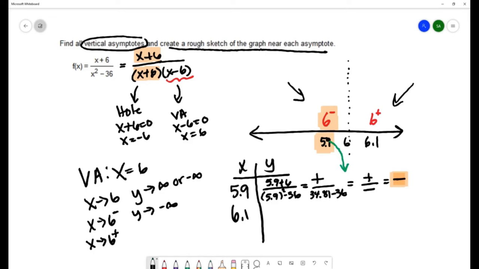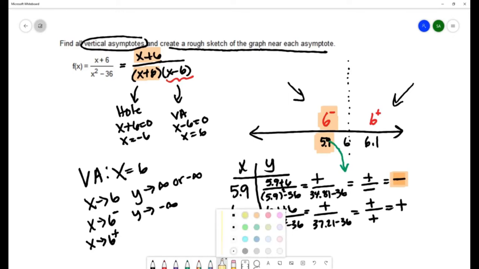Then I'll do 6.1. 6.1 plus 6, that's a positive. 6.1 squared minus 36. 6.1 squared is 37.21 minus 36. That's a positive. Positive divided by a positive will be a positive.